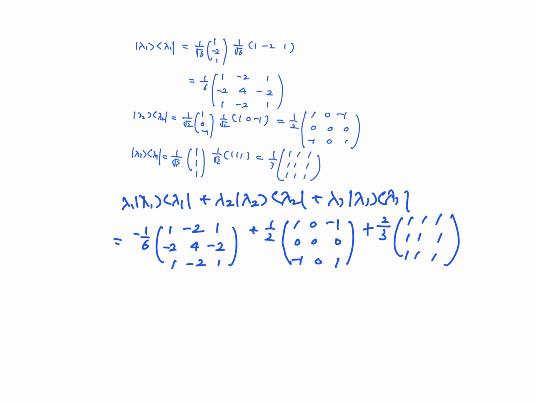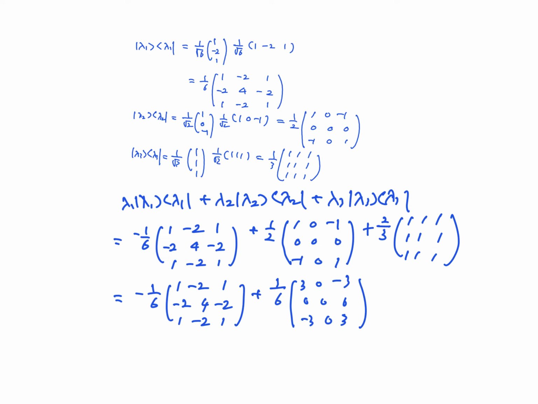So let's combine the denominator 6. So it becomes minus 1 over 6, 1 minus 2, 1, minus 2, 4, minus 2, 1 minus 2, 1, plus 1 over 6, 3, 0, minus 3, 0, 0, 0, minus 3, 0, 3, plus 4 over 6, 1, 1, 1, 1, 1, 1, 1, 1, 1.